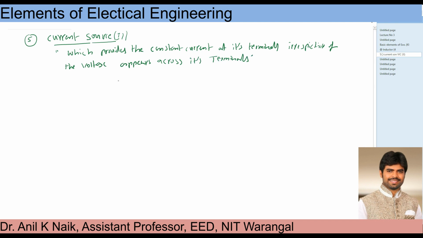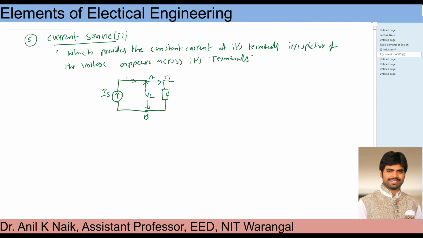To understand this, now let us consider a current source. This is my current source, with terminals A and B, and at these AB terminals I am connecting a load. It is supplying the current IS, this is IL, and across the load the voltage is VL.